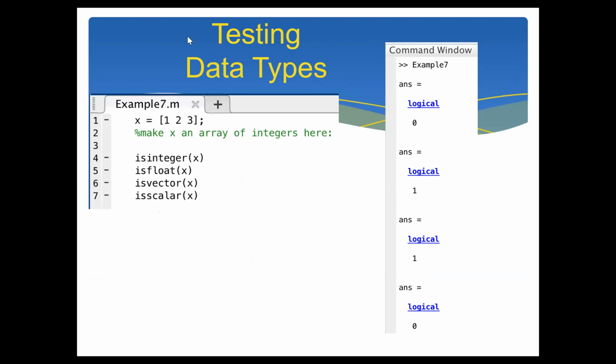You can open example 7 to have a practice on this. This one is only for certain users. It's not very commonly used, but it's just to give you a sense that you can check the type of data.